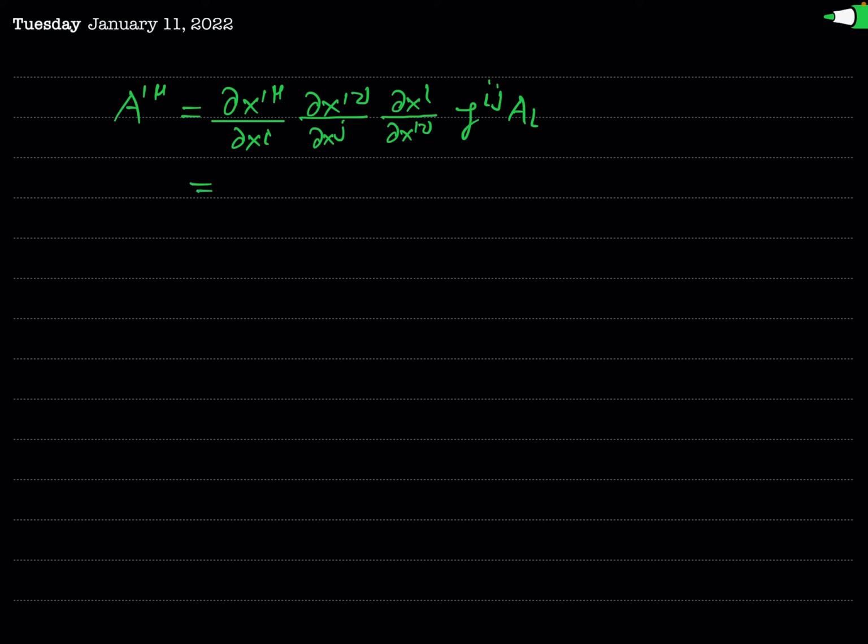Now see, in fact this ∂x'^ν and this ∂x'^ν both will cancel out, and your result is ∂x'^μ/∂x^i times ∂x^l/∂x^j and G^ij A_l.